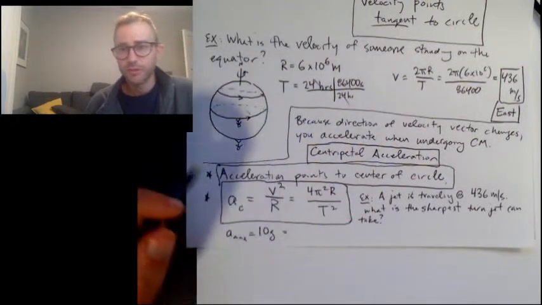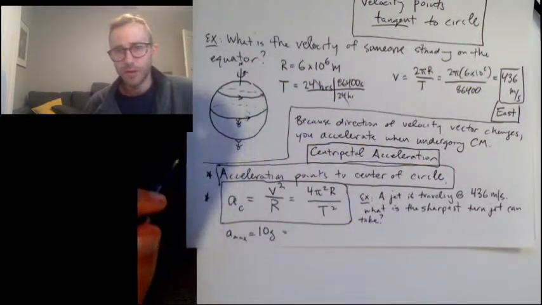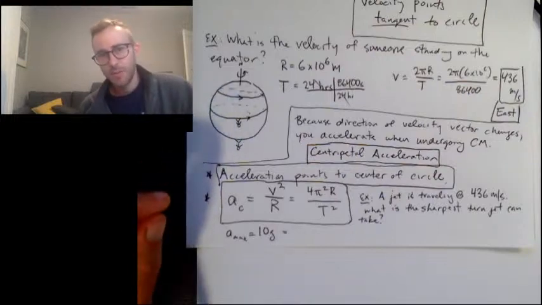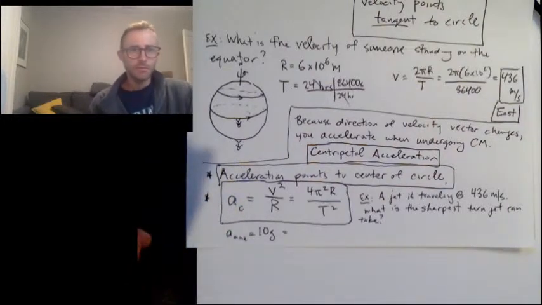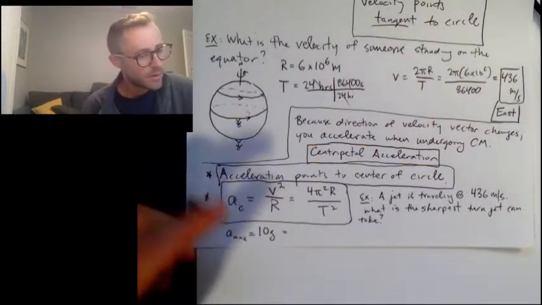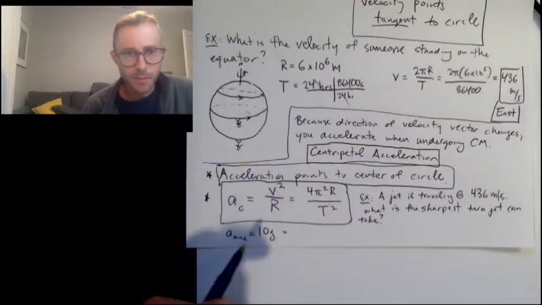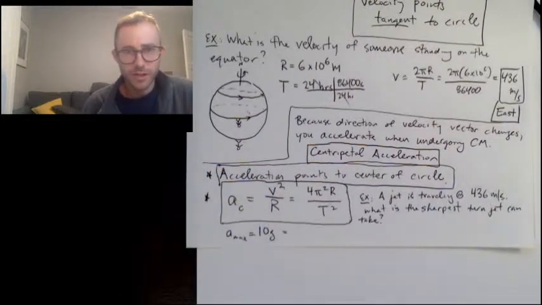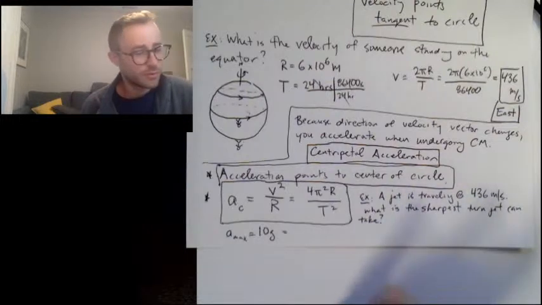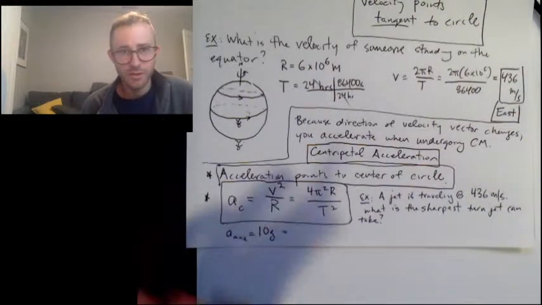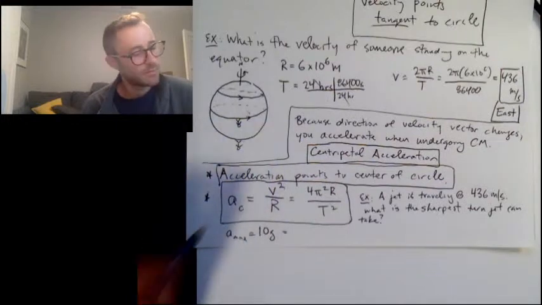G is, of course, 10 meters per second squared. I'll have to show you that video sometime. For now, just take it as a given: if humans experience more than 10 Gs, they pretty much are guaranteed to pass out.